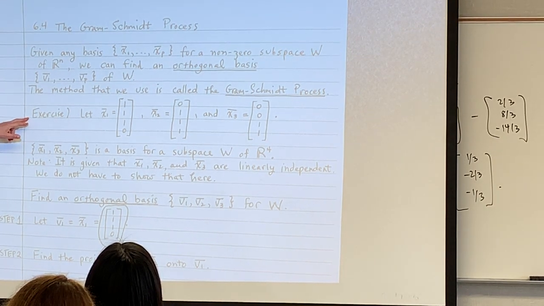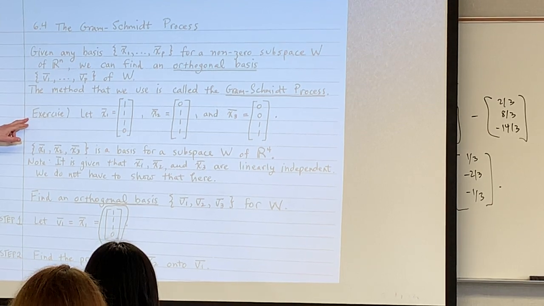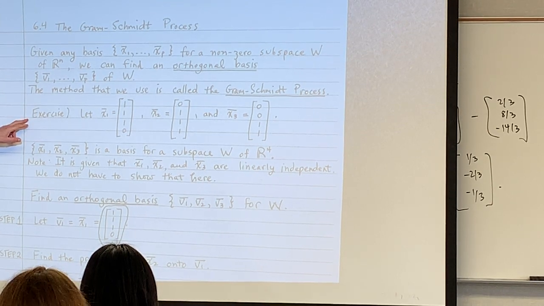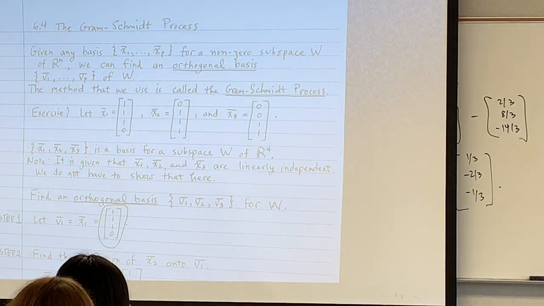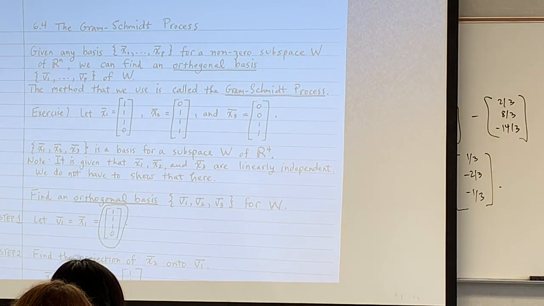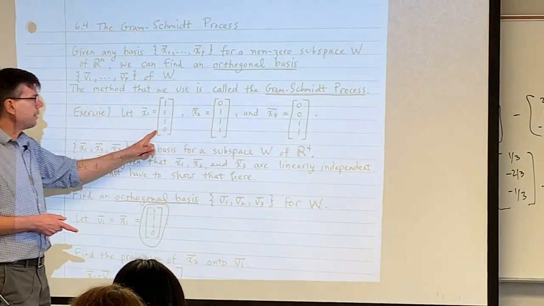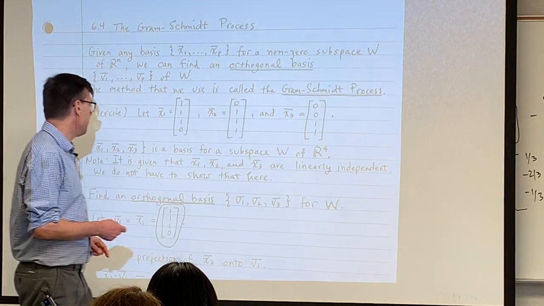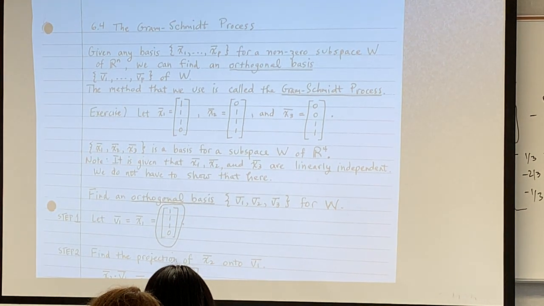And we're going to jump right into an exercise here that maybe I'll write some down too, but I have the whole thing written out on the handout for some reason. So let's just try to work from the handout, and if we feel the need to write things down, we will. So I'm starting out with x1, x2, x3. This is a basis for a subspace of R4.